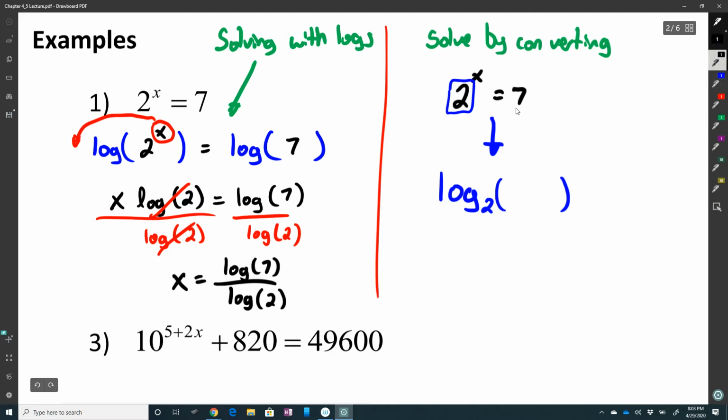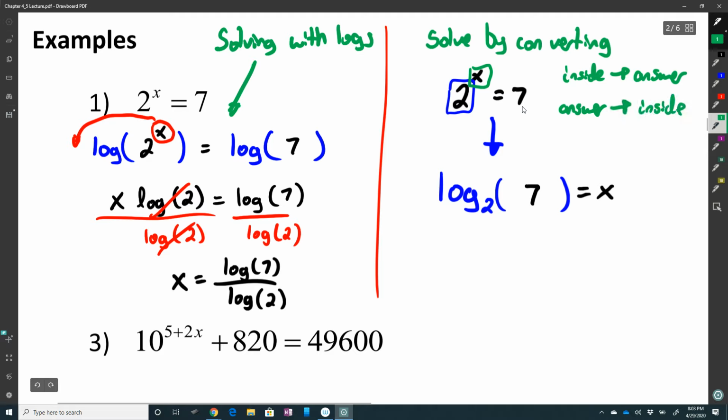And then my exponent becomes the answer, and my answer goes on the inside. Remember, they swap places. This is what we did last week when we were doing section 4.2. And notice there's my answer: x equals log base 2 of 7.